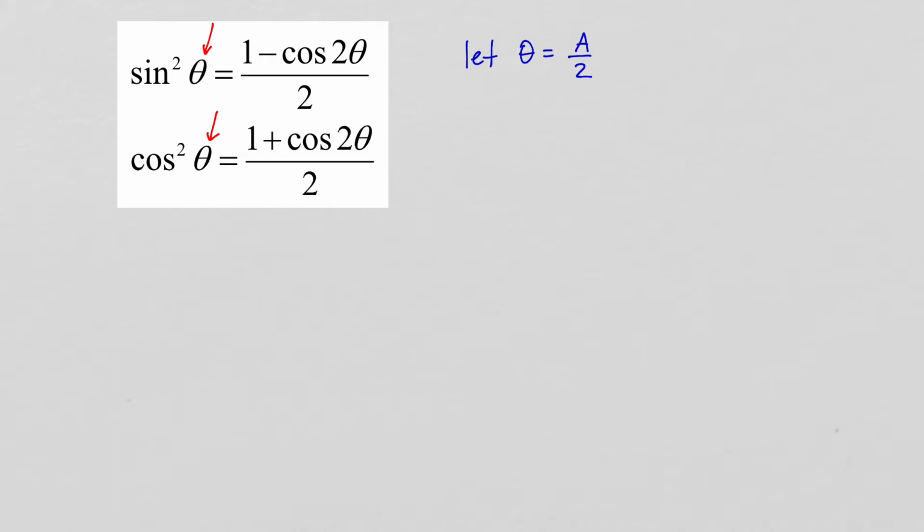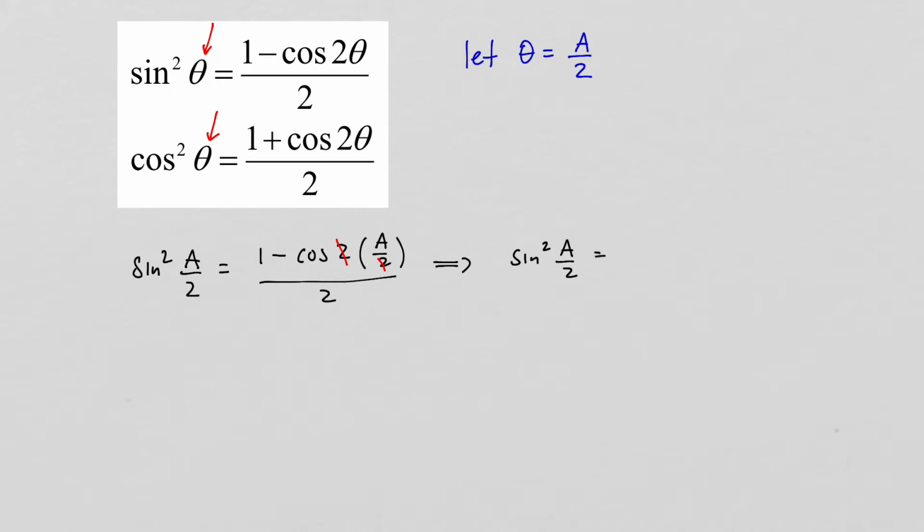So in the first identity, we get sine squared of theta, which is a over 2, is equal to 1 minus cosine of 2 times theta, which again is a over 2, divided by 2. And now the 2's cancel out, and this becomes sine squared of a over 2 equals 1 minus the cosine of a divided by 2.